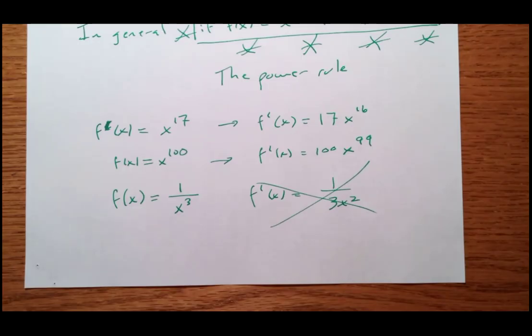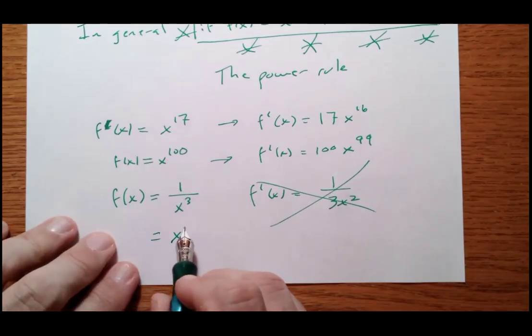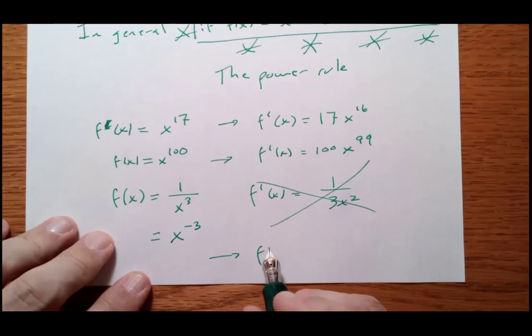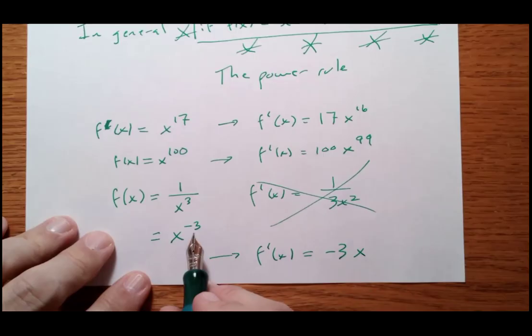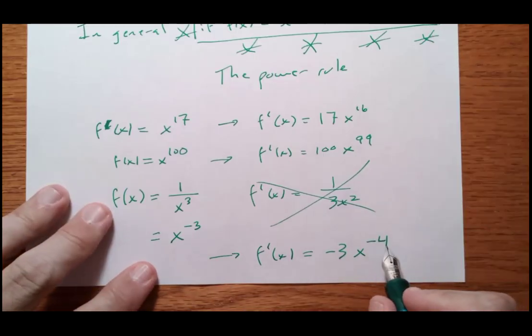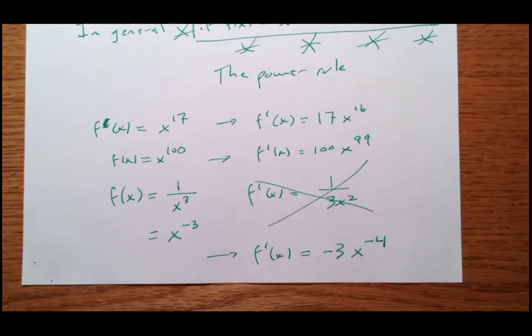You use a negative power to do that. So this is really the same as x to the minus 3, which means when I take the derivative, it's minus 3x to the minus 3 subtract 1, minus 4, not minus 2.